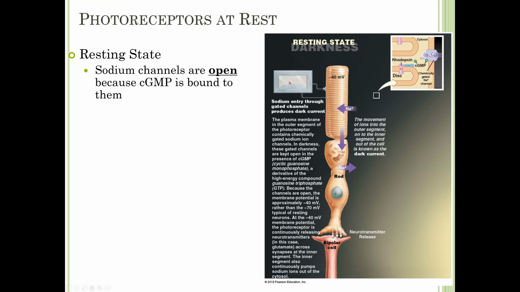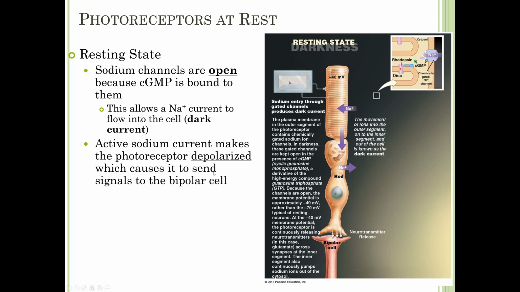If you remember from last semester, an open sodium channel means sodium is going to rush into the cell. So at rest, we actually have sodium actively rushing into the photoreceptor, and we call this a dark current because it's taking place in the darkness or in the absence of light.